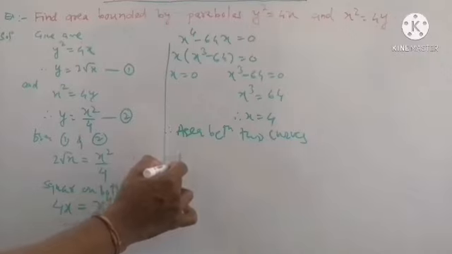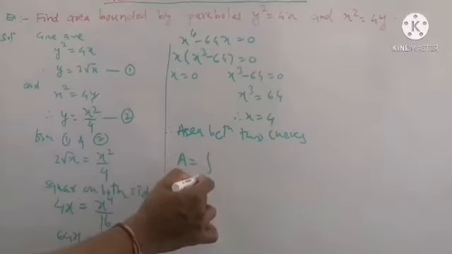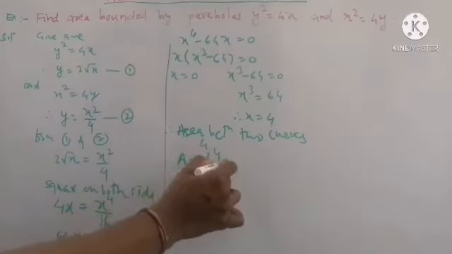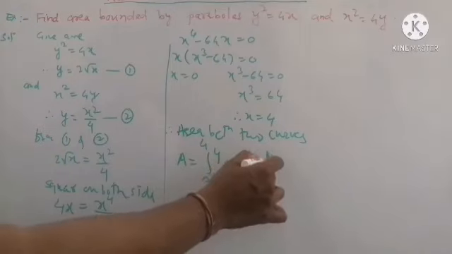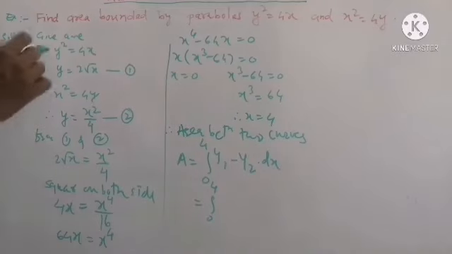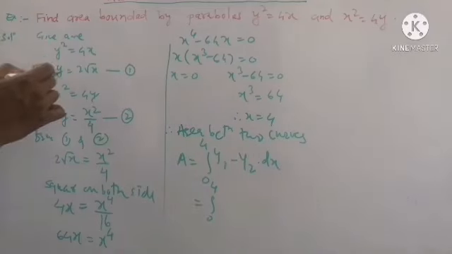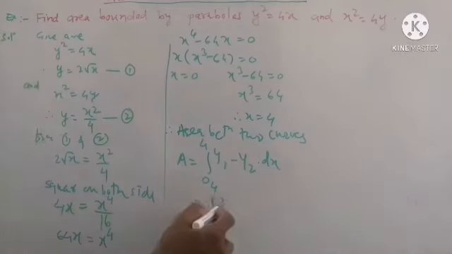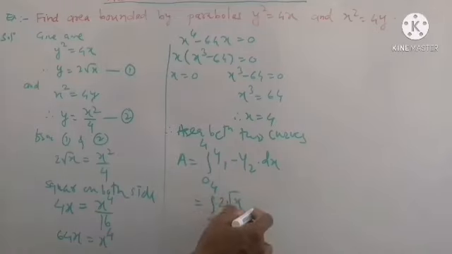First, A is the integral from 0 to 4 of y1 minus y2 dx. As we know, we take y1 and y2 as terms of x, that means the equation of the given curve in terms of x only. So the first equation of the curve is y equal to 2 root x, so y1 is 2 root x, and the second equation of the curve in terms of x is x square divided by 4.